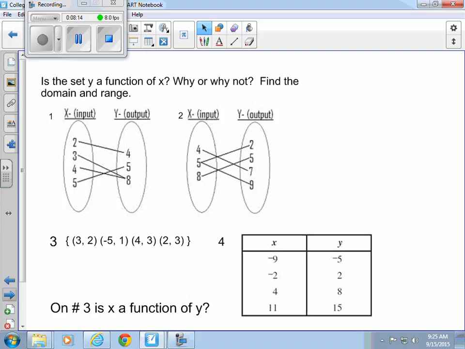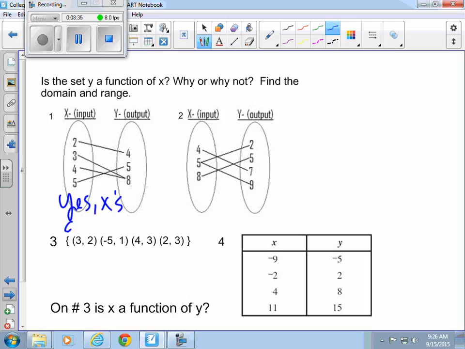This one is not a function, because you can't use it to predict. When I put in a 5, I get a 2 out and I get a 9 out. So everyone see how that's not a function. This one's not a function, and this one is. Your reasoning is the x's don't repeat.